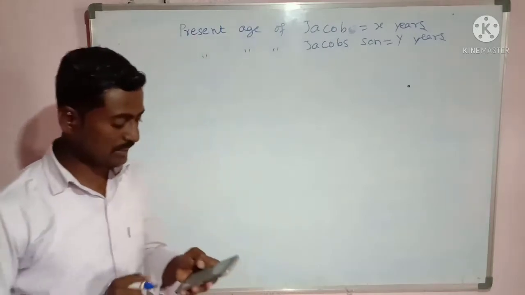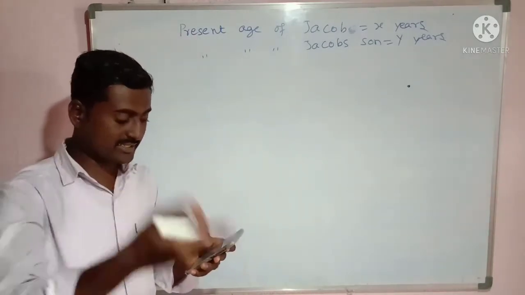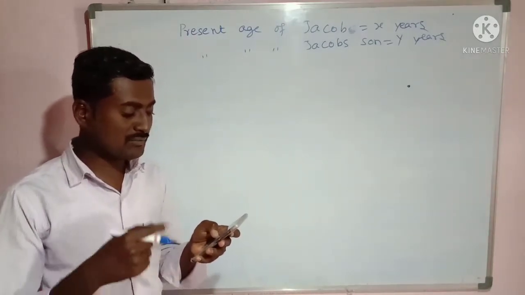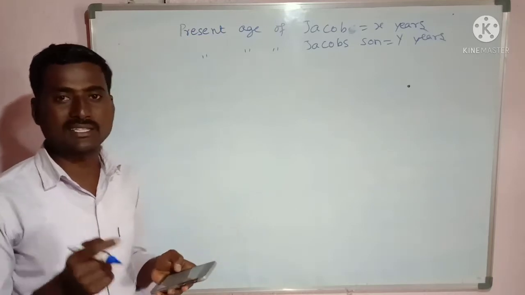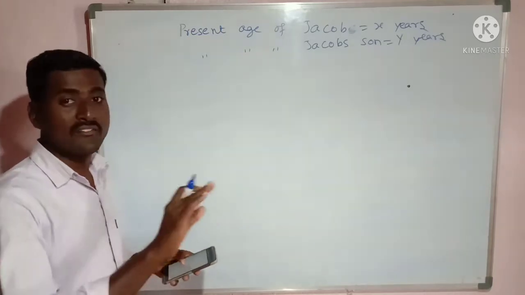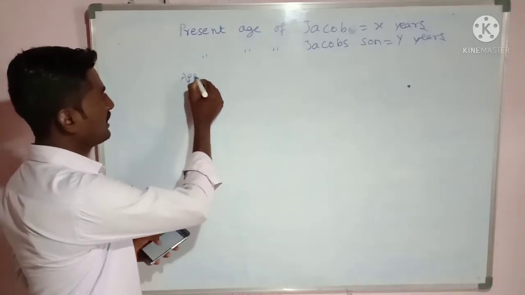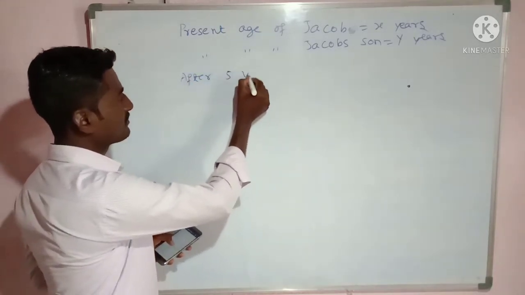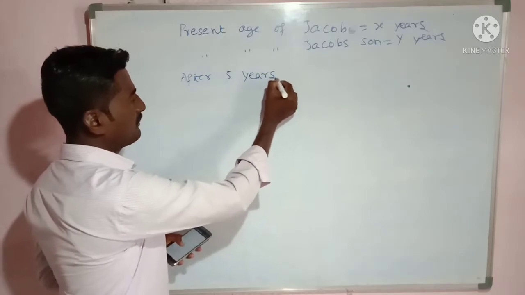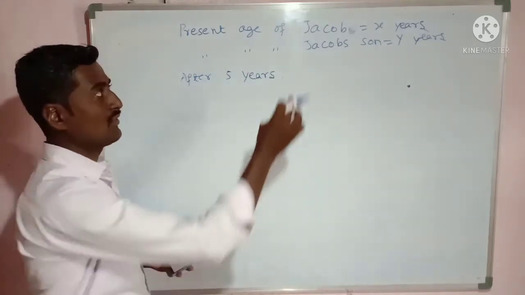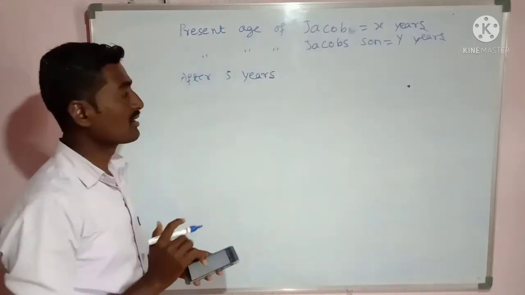Now, the first statement is 5 years hence, the age of Jacob will be 3 times the age of his son. 5 years hence means after 5 years. After 5 years, what are the ages of Jacob and his son?